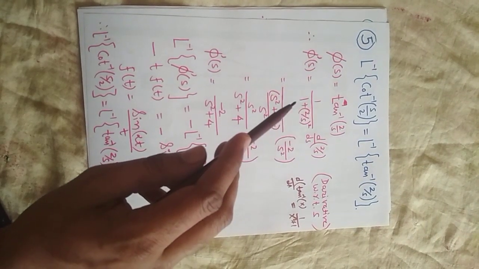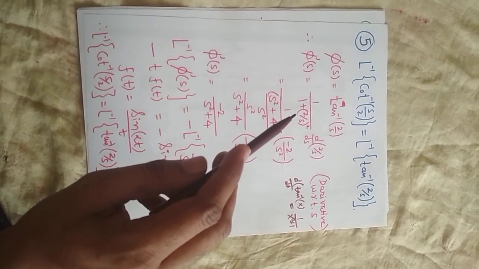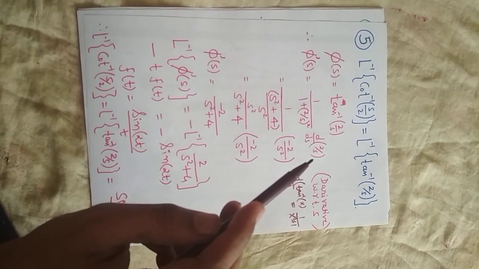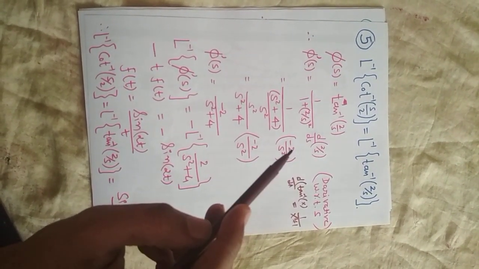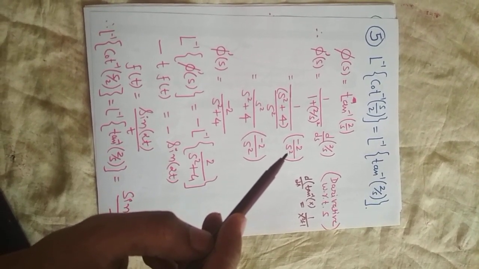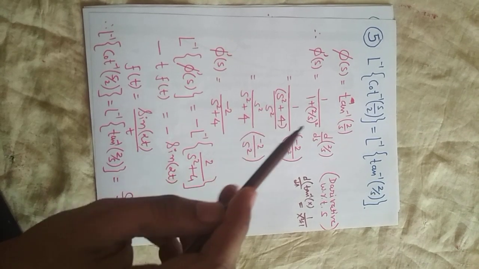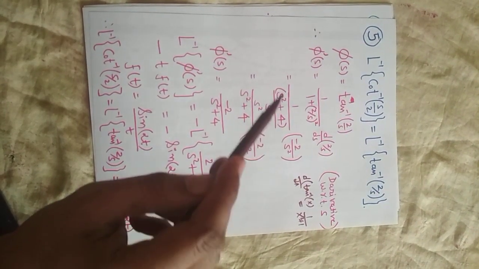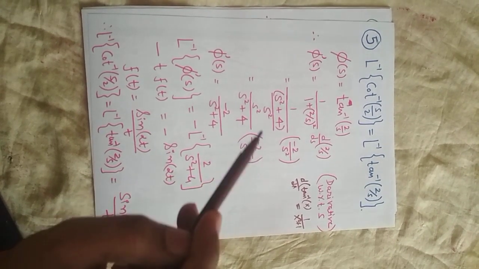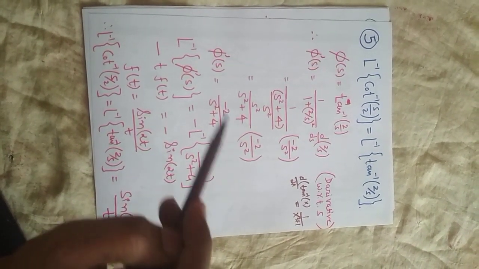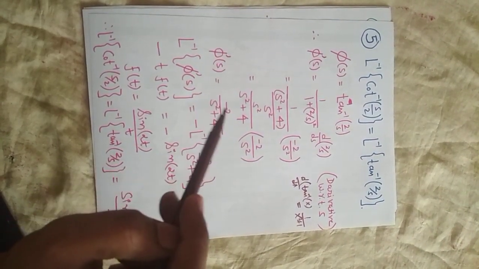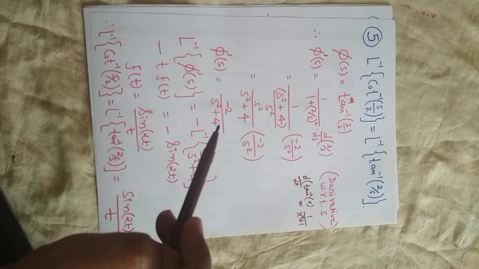So 1 upon 1 plus x square, where x is 2 by s, and now the derivative of 2 by s is minus 2 upon s square. Now simplify this part. Taking the LCM in the denominator, s square plus 4, s square goes upside and cancels. The final answer is phi dash s equals minus 2 upon s square plus 4.